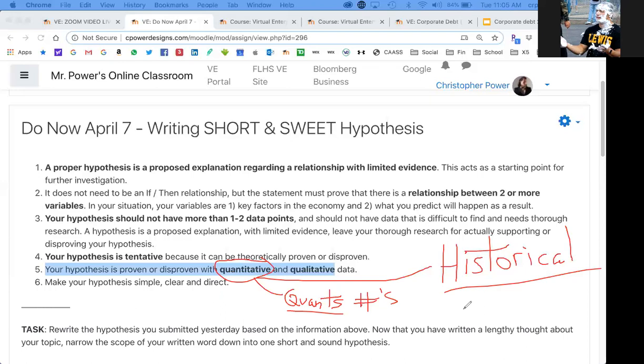Unemployment rates, quantitative. Payroll, quantitative. The stock market moving, quantitative. It's all happened already. You can try to chart it, project it and model it out for the future, but this is quantitative data.